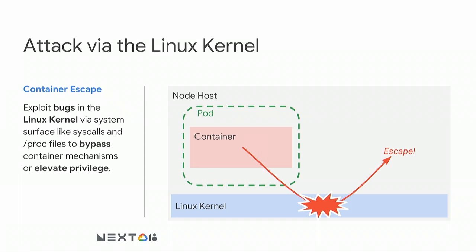They usually exploit bugs inside the Linux kernel through a system service, the obvious one being system calls, but also /proc files, to bypass the long history of the added mechanisms inside the Linux kernel, and eventually elevate the privilege. So they escape, then attack the kernel, break it, and take the privilege of the system. This is a very high-level overview. It's more detailed than that, but that is the overall picture of the attack that we're talking about.